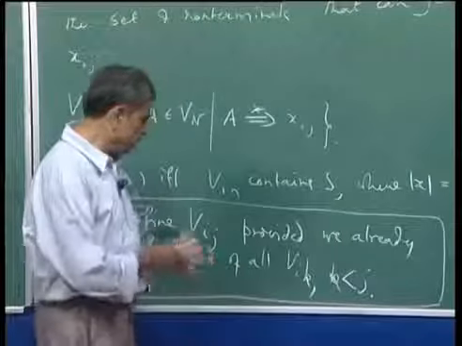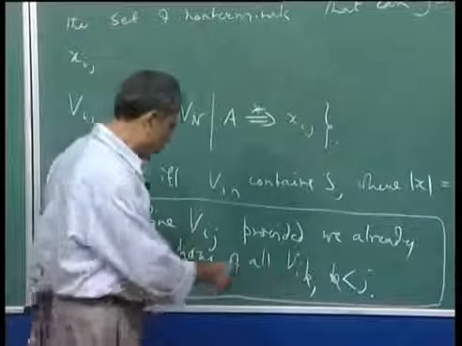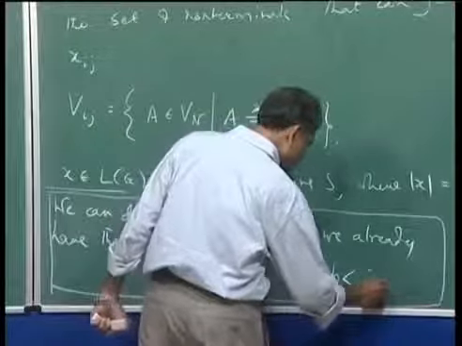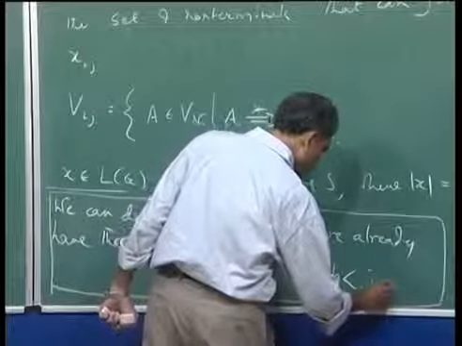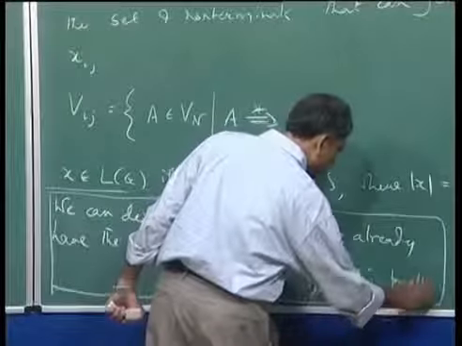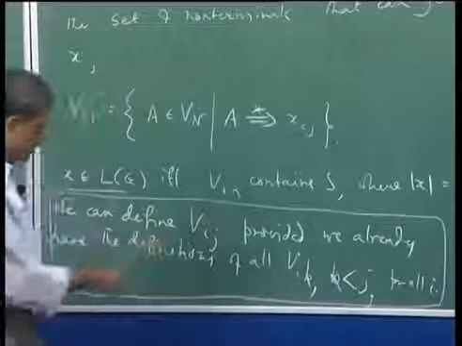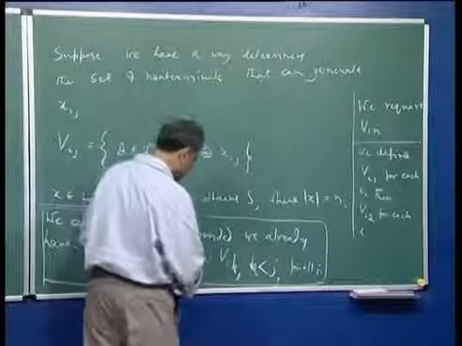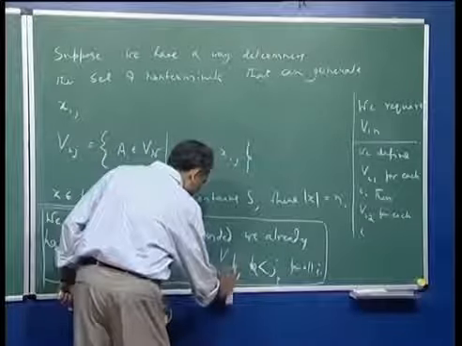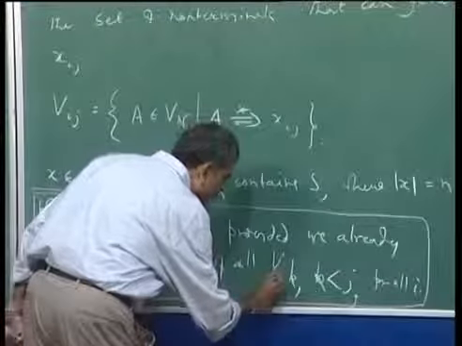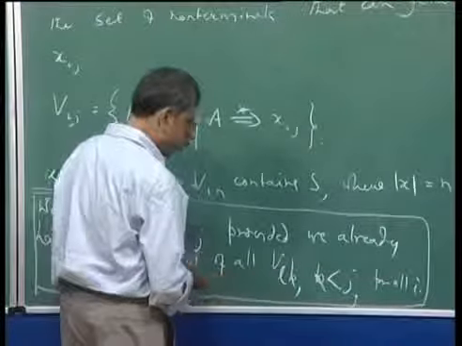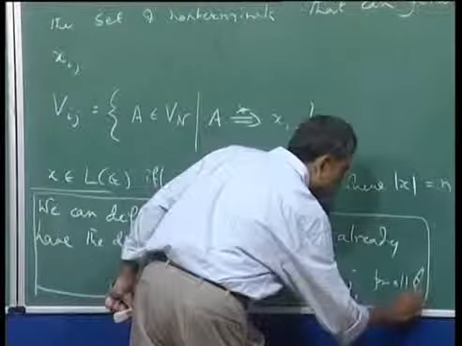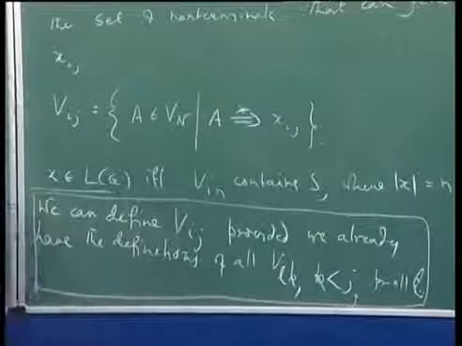Actually, I'll not only need Vik but also for all i as well, because I'm going to need, so let me write it this way, for all Vlk where k is less than j, where l is all possible values. So this is what we are saying.